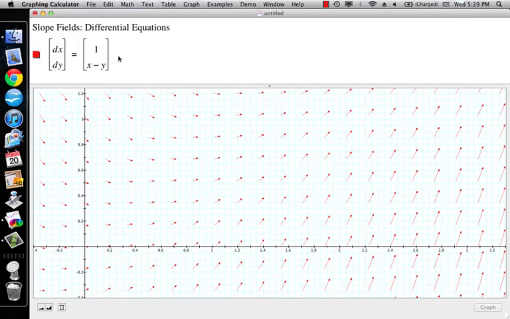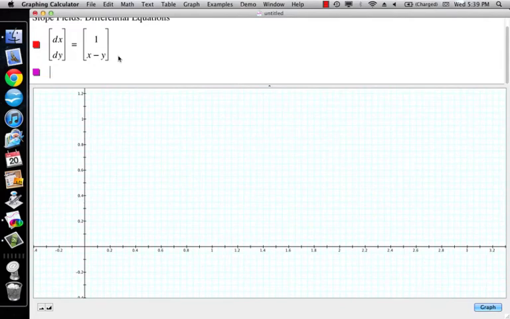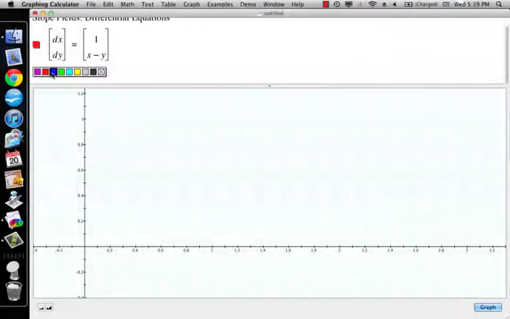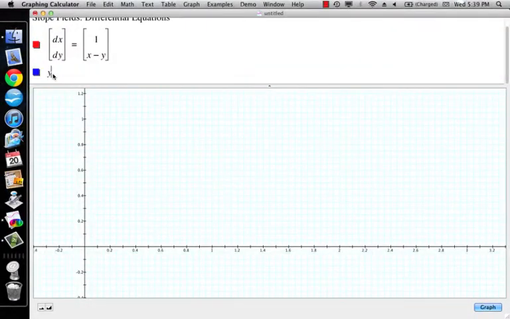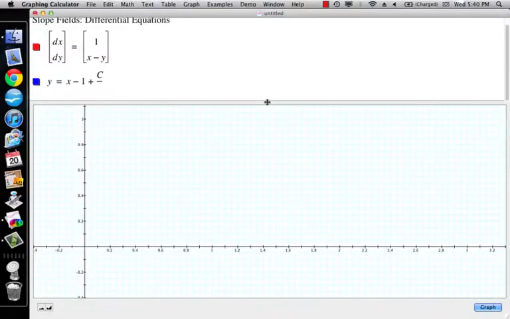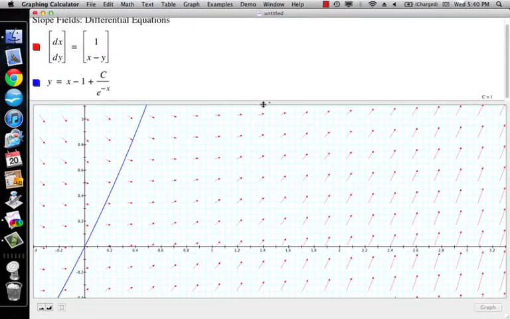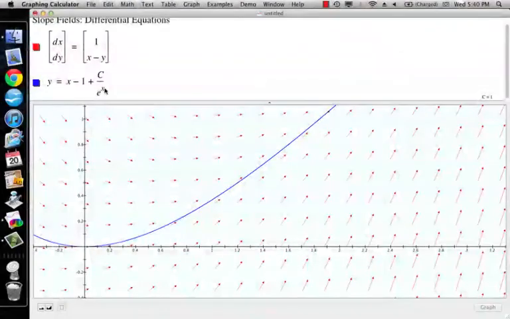Rearrange that to be dy/dx plus y equals x, and then you should be able to solve it. If you did it properly, you should get this. Oh, I'm sorry, e to the x. I made that mistake previously. There you go.